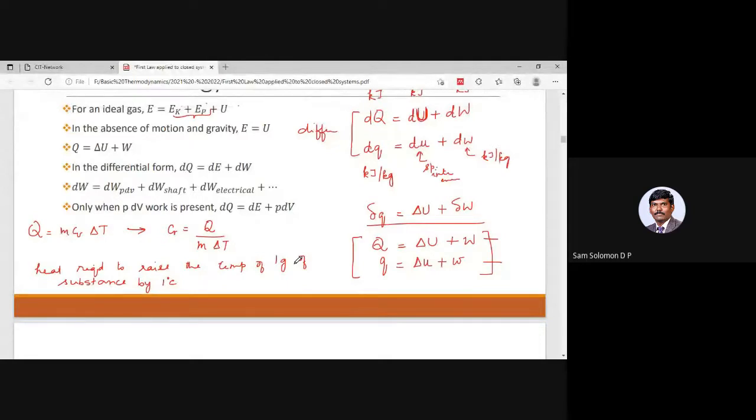And this specific heat can also be defined as partial u, and since I have used the word specific, this is small u, partial u partial T at constant V. So that is the definition of this specific heat at constant volume.